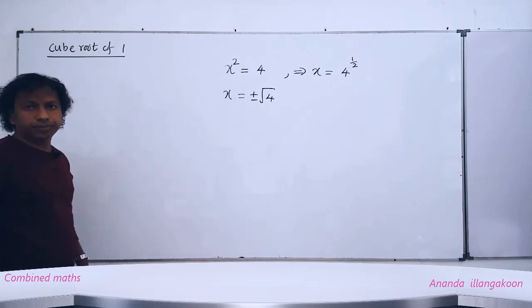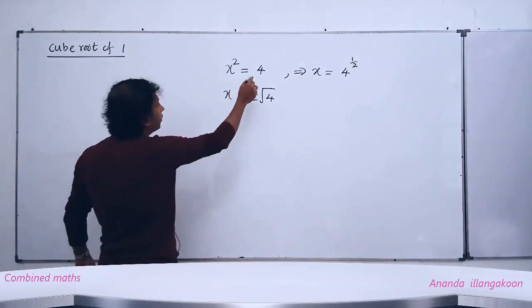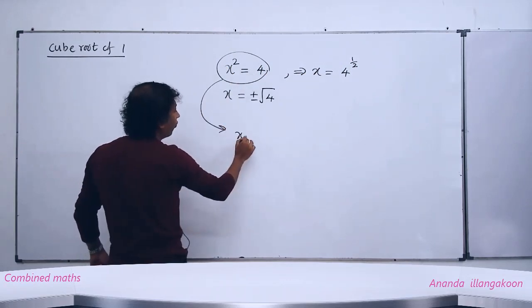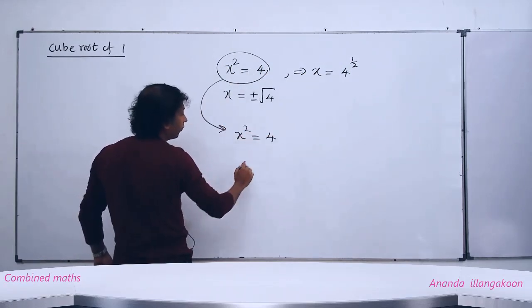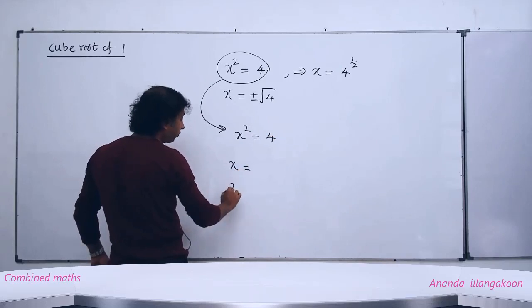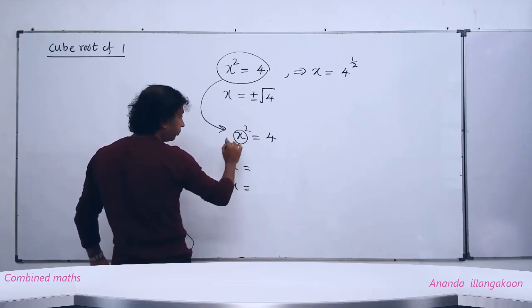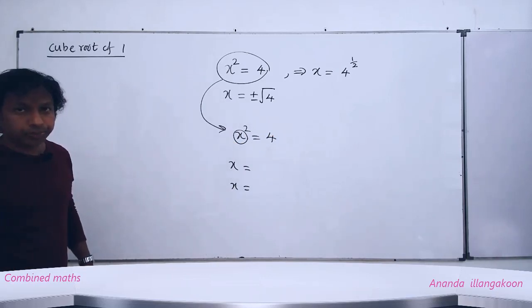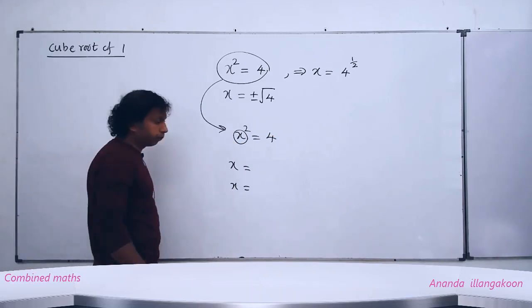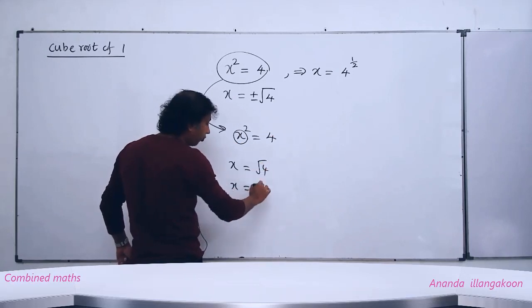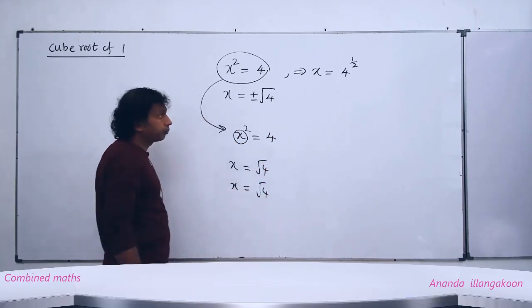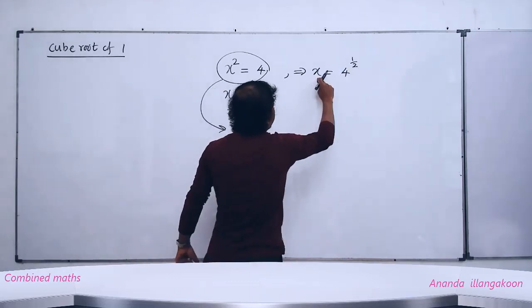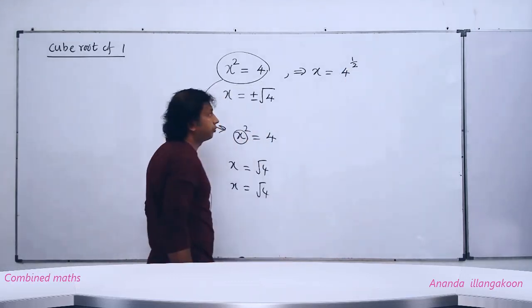Then you can very clearly see here, for x squared equals 4, the solutions of x give us the square root of 4, because here x is equal to 4 to the power half.